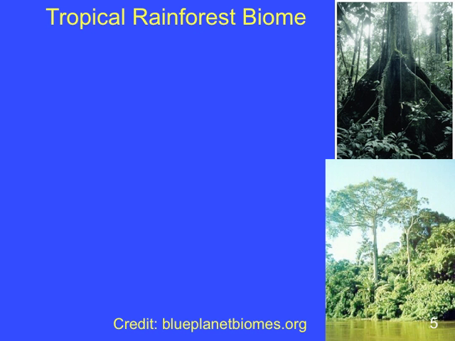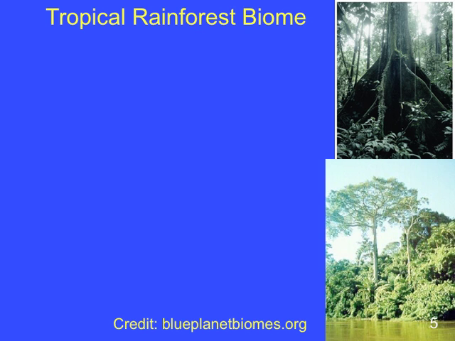Slide 5. So now let's talk about a very important biome that exists in the A climates, and it's known as the tropical rainforest biome. A biome, of course, is a large, recognizable assemblage of plants and animals that are living in functional interaction with each other and with their environment, particularly the climatic components of that physical environment.